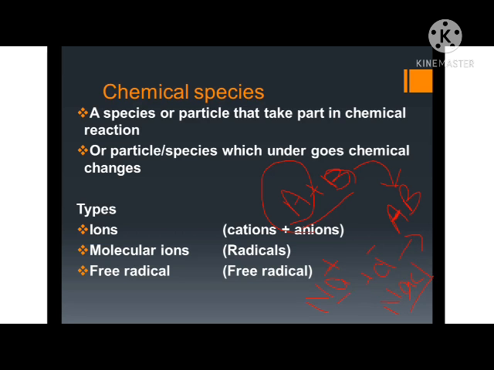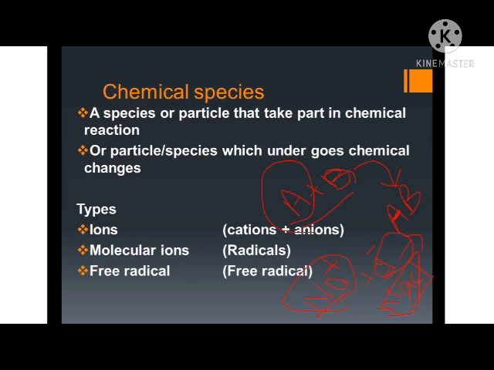So these are chemical species. Two different species combine in a given chemical reaction and make a new product, which is called sodium chloride. The chemistry of sodium chloride will be totally different from that of the initial chlorine ion and sodium ion.